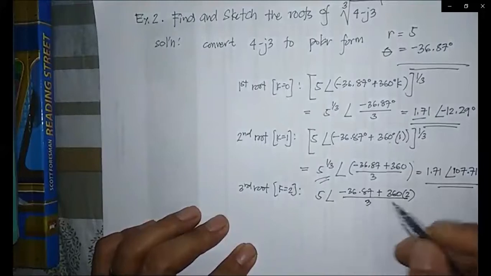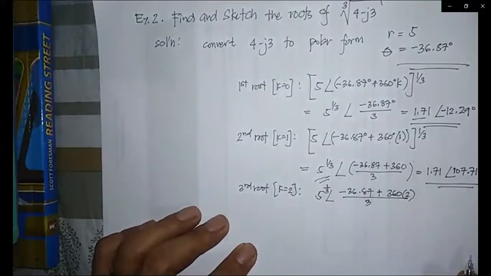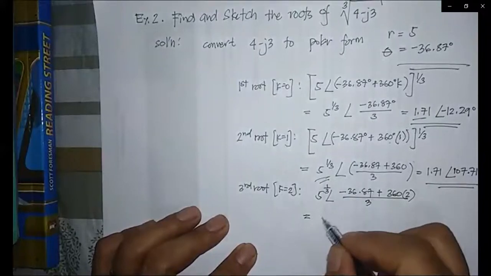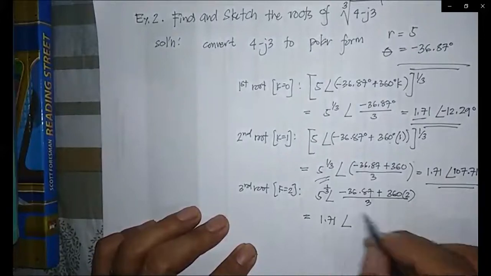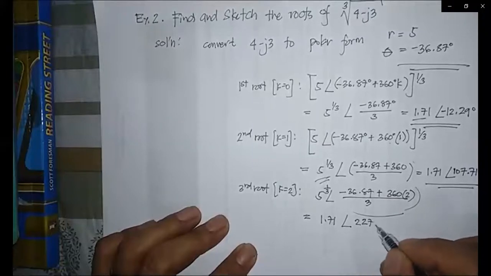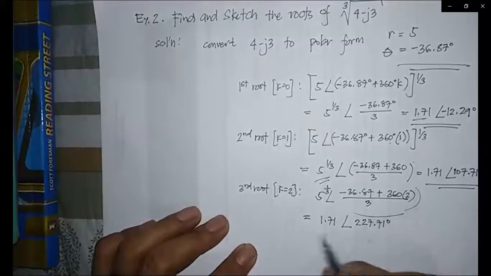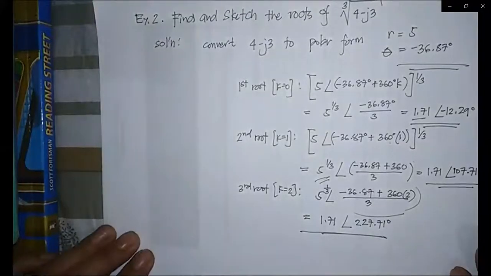I have distributed now the power. So that becomes 1.71 angle of, try to compute that in your calculator, 227.71 degrees. That will be my third root.